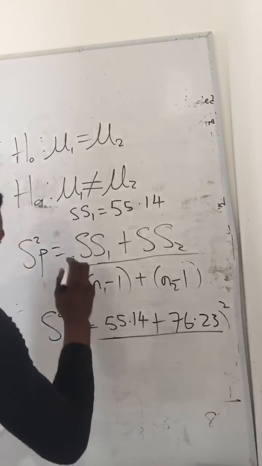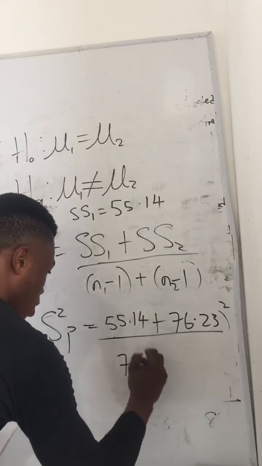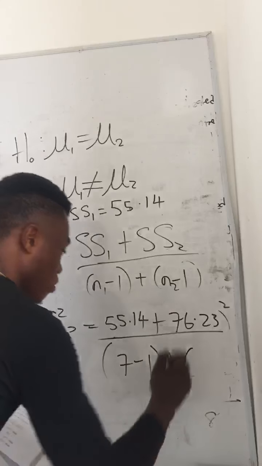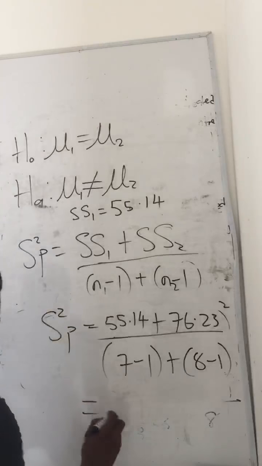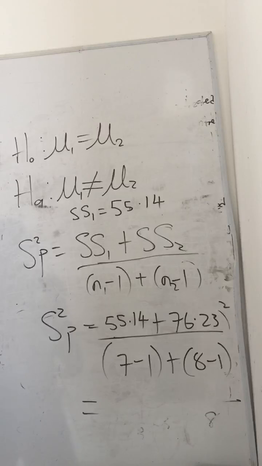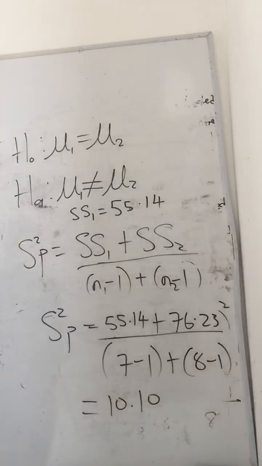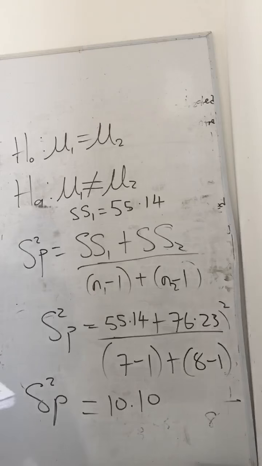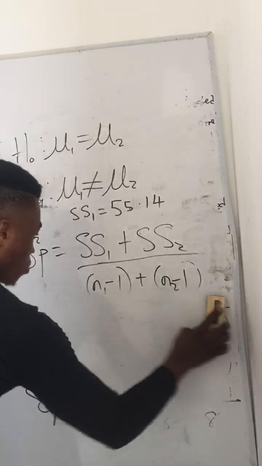The observations for treatment A are 7, so 7 minus 1, plus degree of freedom 2, which is 8 minus 1. When you compute this, you get 10.10. Now 10.10 is our pooled variance. So go back to our initial formula for T calculated and put in 10.10 for the pooled variance.